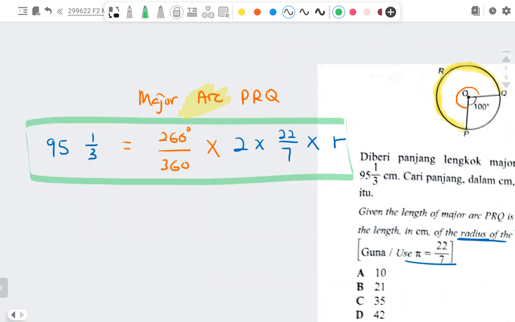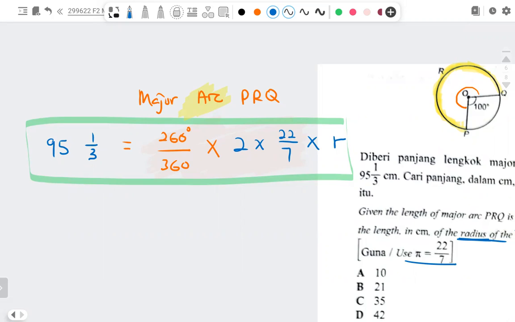Whichever part you can solve first, you can key into the calculator first and find out the answer. So we try together. You must know how to use the calculator to assist you to get the answer also. Just key in this pink color shaded part, 260 over 360 times 2 times 22/7, equal to. Now you have the answer in improper fraction.